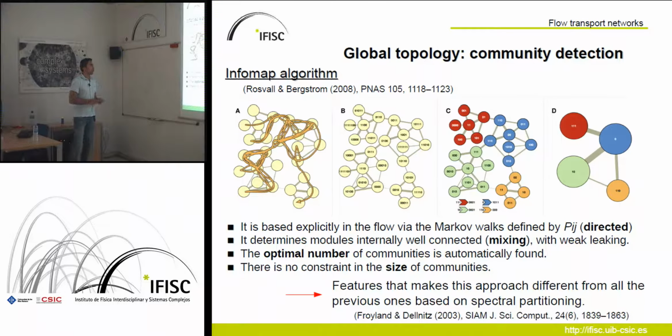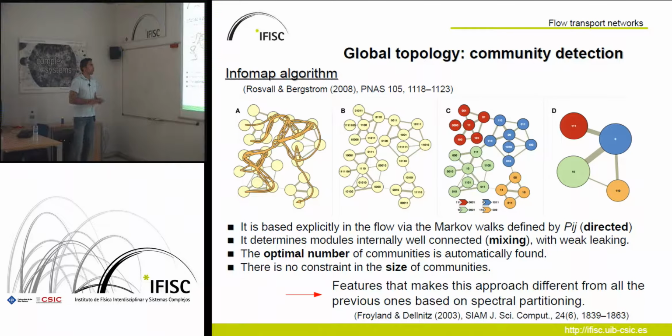We used a very well-known algorithm, the InfoMap algorithm, which is quite widely used in the network community. There are several reasons why it works really well for our analysis. In general, our approach is different from all the previous approaches, which were based mainly on spectral partitioning.